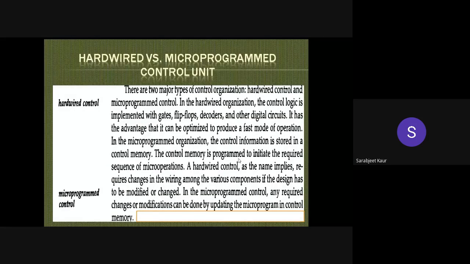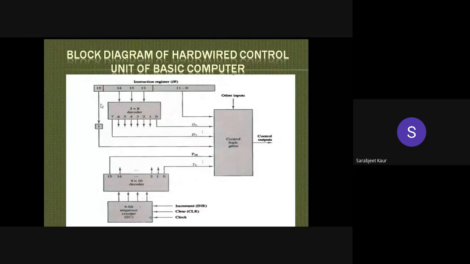And we will be looking at the implementation of the hardwired control unit. Is this clear? Yes, ma'am.